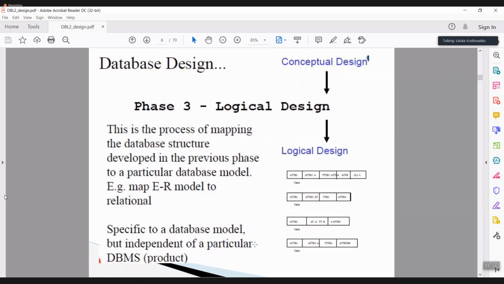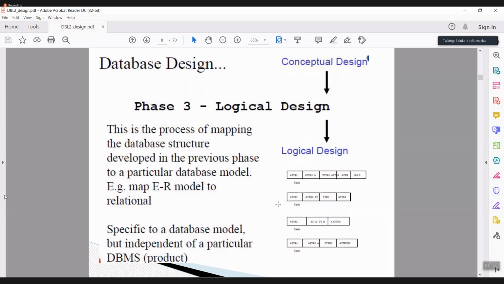And then once you complete that, we move to the logical design. The logical design is basically conversion of the conceptual design into a database structure. In the case of a relational database, our concept is transformed into a collection of relations, and that collection of relations will become the logical design.